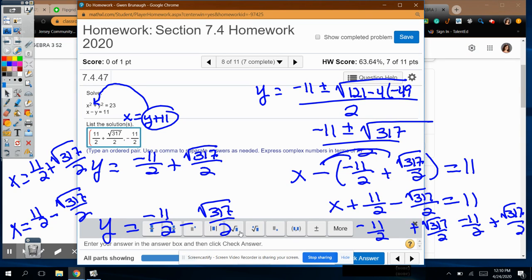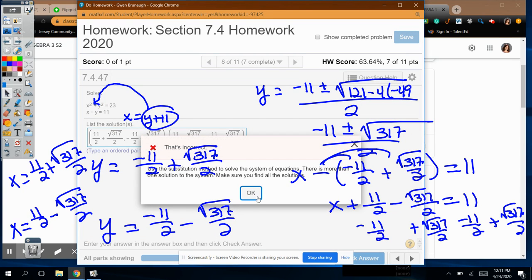Like, I want to throw the computer just typing this stupid thing in. It's wrong.